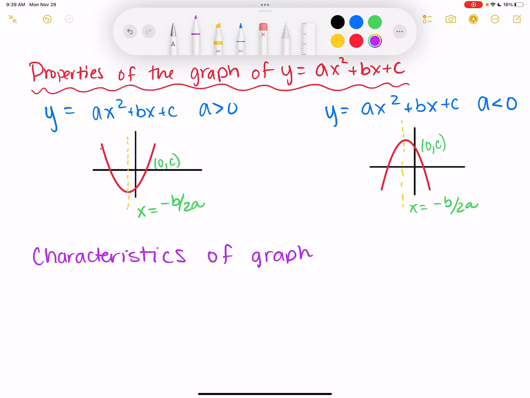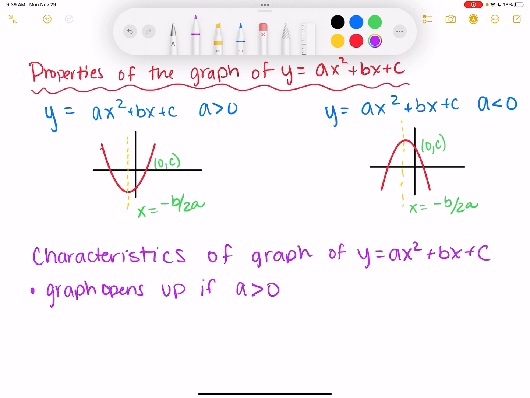All right, characteristics of the graph of y is equal to ax squared plus bx plus c. There's going to be 5 of these. The graph opens up if a is greater than 0 and down if a is less than 0.